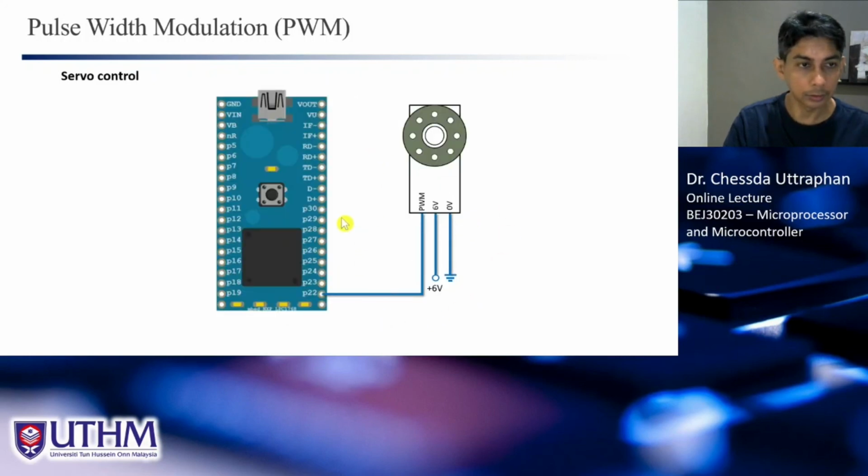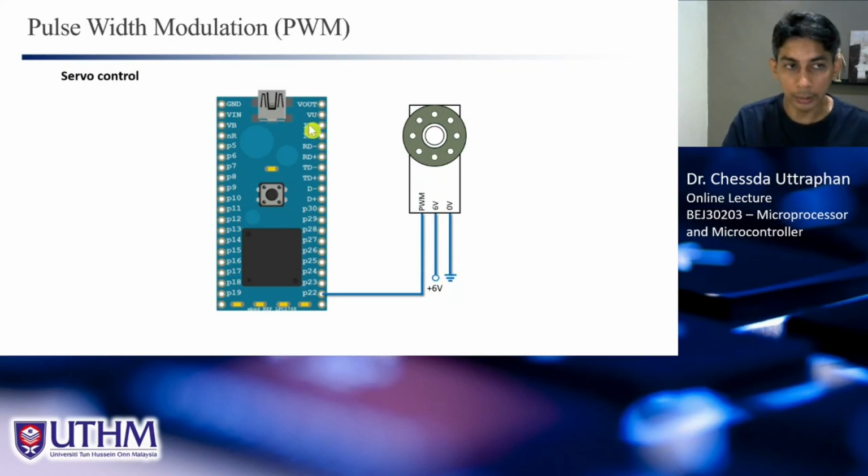So this is how we connect the servo motor to the microcontroller. We can use any one from P21 to P26. In this case, we use P22 for the PWM input. And of course, when you use the motor, you need an external supply to supply the voltage and current to your motor.